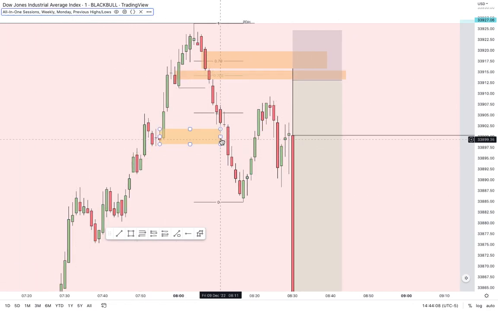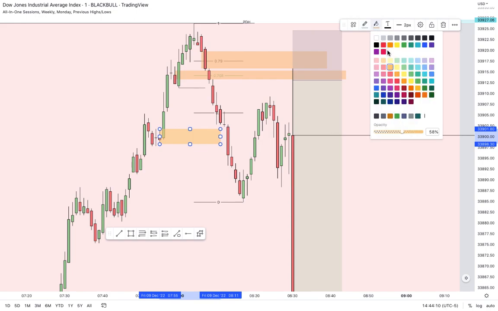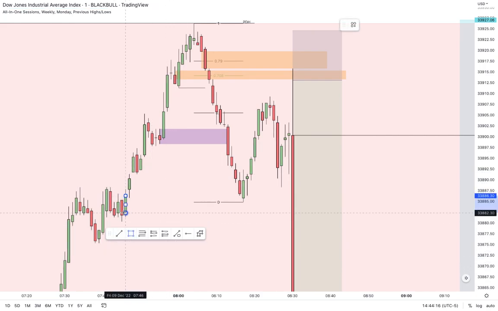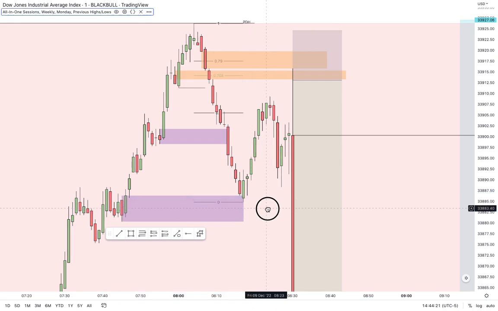So if you are a smart money trader, you would have your buy entry over here and over here, because these are your valid order blocks, right?